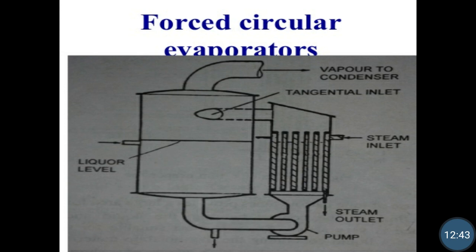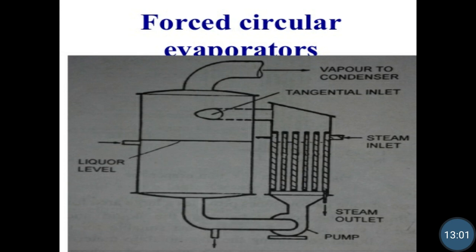So in this evaporator, the liquid is circulated by means of a pump, and as it is under pressure in the tubes, the boiling point is raised and no boiling takes place. Generally the pressure above the liquid is increased.